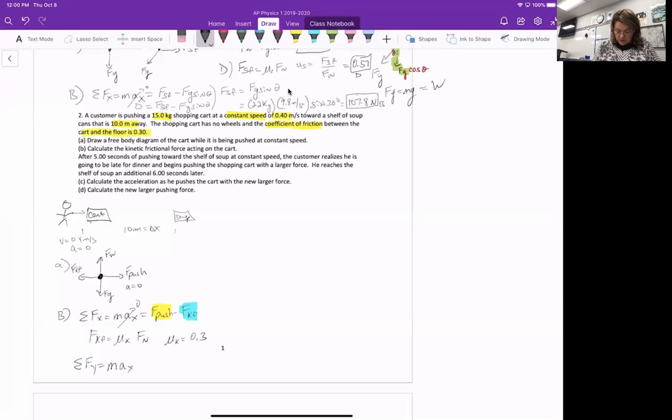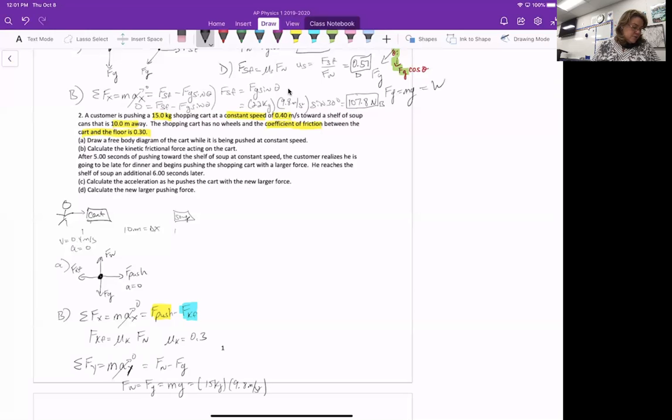Mass times the acceleration in the y. That's equal to 0 because I'm not accelerating down into the earth. That's force normal minus Fg. What is the force of gravity acting on it? That's the mass times the acceleration due to earth. So force normal is equal to Fg, which is equal to mg, and the mass was 15 kilograms, and I'll use 9.8 because that's what my previous work was.